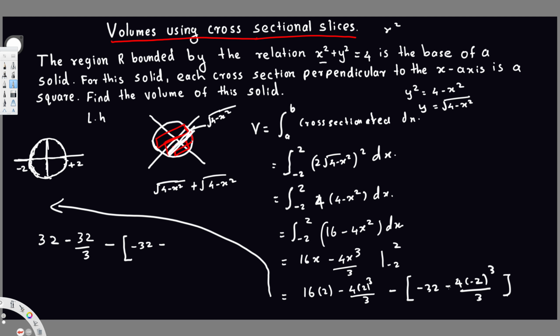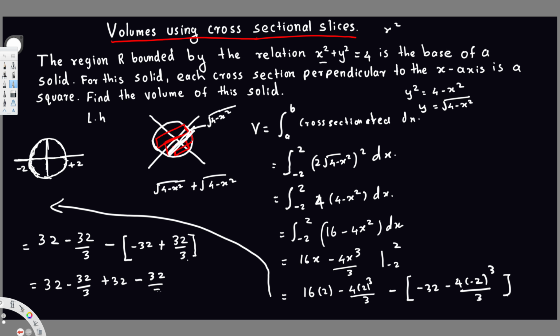Since we have a negative right here, negative becomes positive, so this is plus 32 divided by 3. Let's get rid of this bracket. This gives us 32 minus 32 divided by 3, negative becomes positive, so this is plus 32, then plus 32 divided by 3.